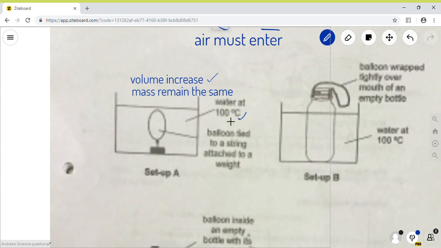Because the temperature is 100 degrees Celsius, so the balloon will become bigger, expand. But the mass remains the same. How come? Because the whole thing is tight, so air cannot go in. There's no new air going in, so the mass remains the same.